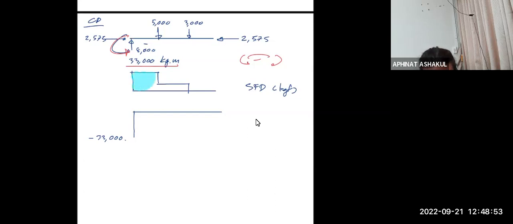This area is equal to 8,000 multiplied by 3. So that's 24,000. So it should bring this back to just minus 9,000. Correct?